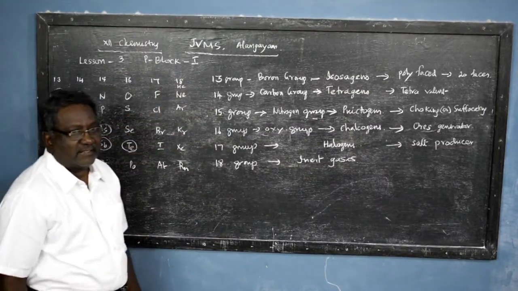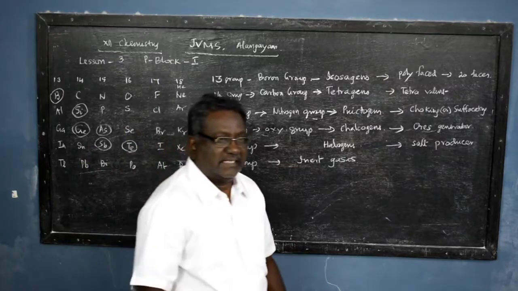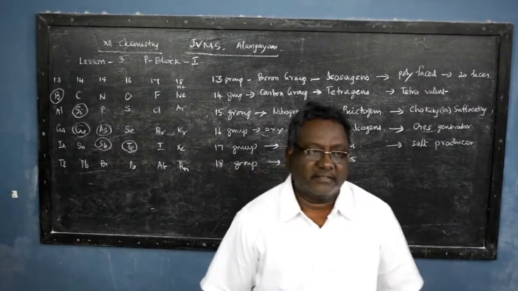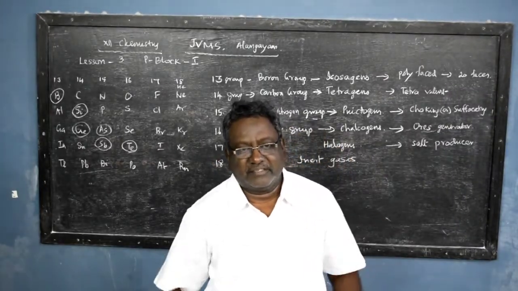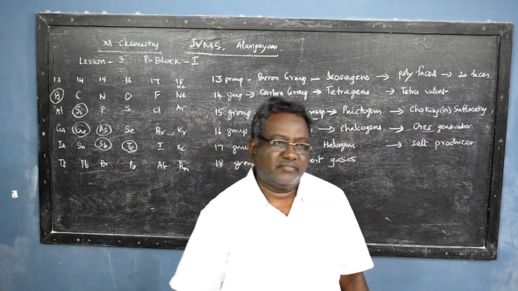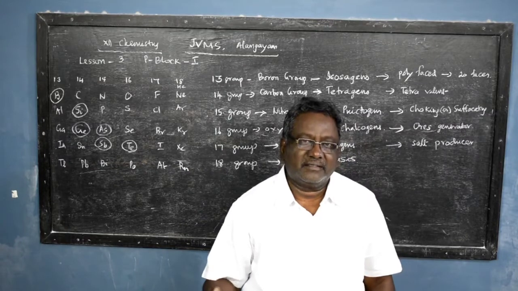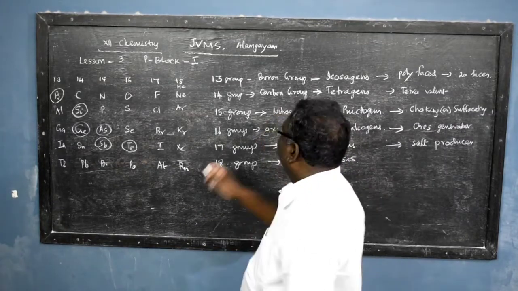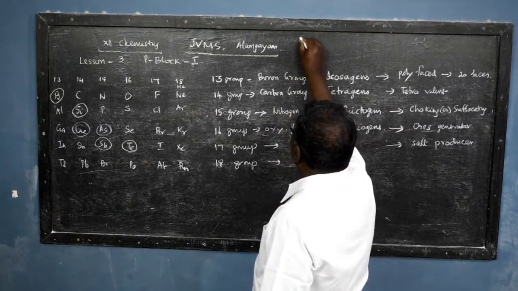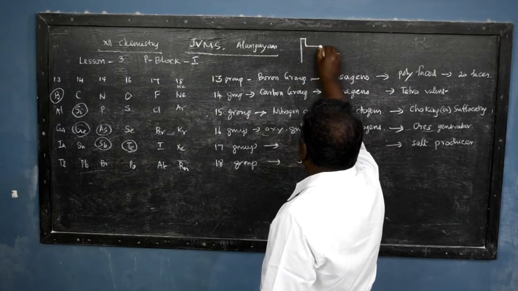All of us know that you have studied in 11th standard itself, that the elements in the periodic table are classified into 4 types: S block, P block, D block, and F block. We approximately recollect the periodic table. The periodic table is like this.